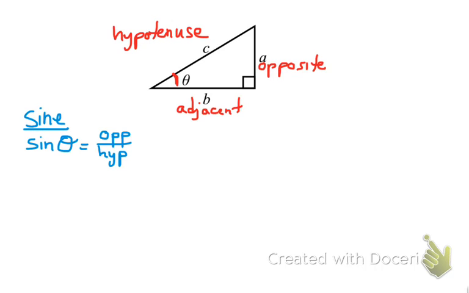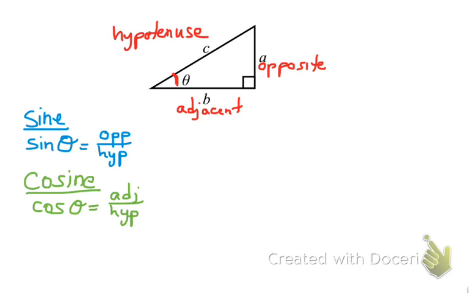The second trig function is the cosine, abbreviated COS. The ratio for the cosine of theta is the adjacent side length divided by the hypotenuse. So sine is the opposite over hypotenuse, cosine is adjacent over hypotenuse.